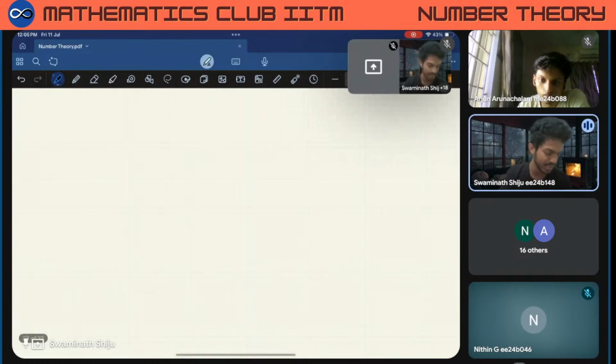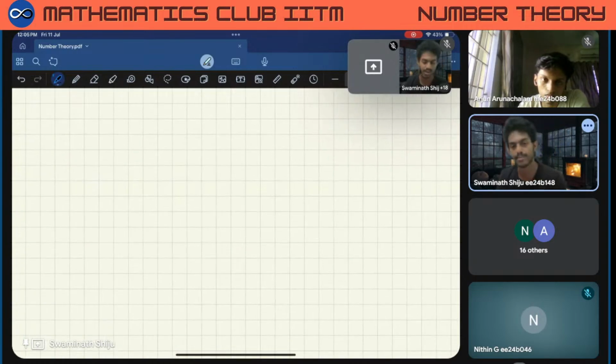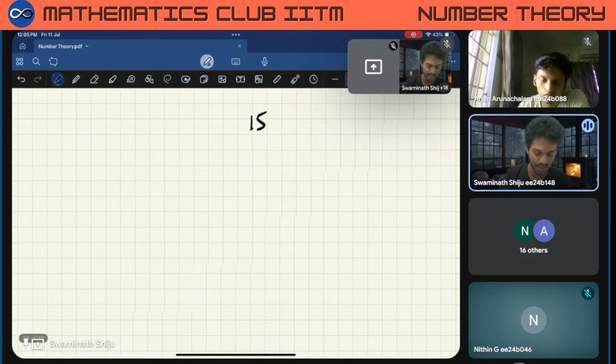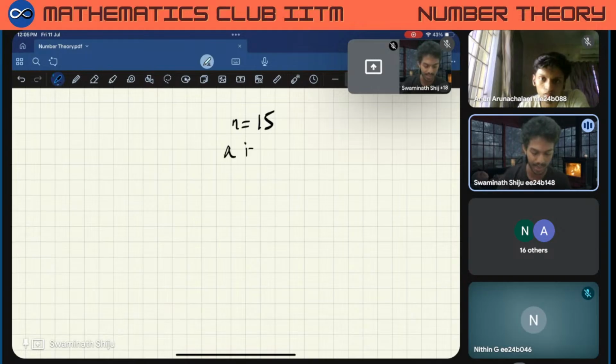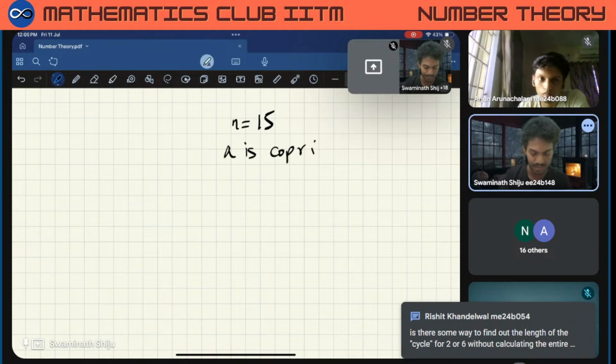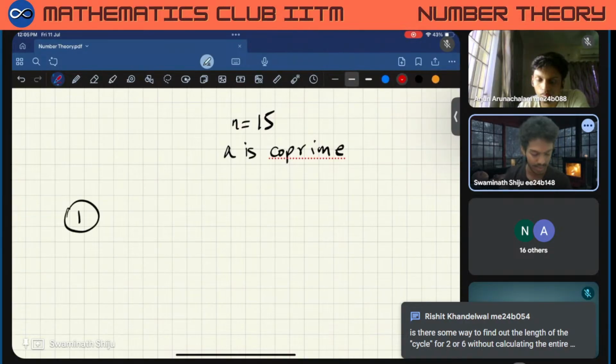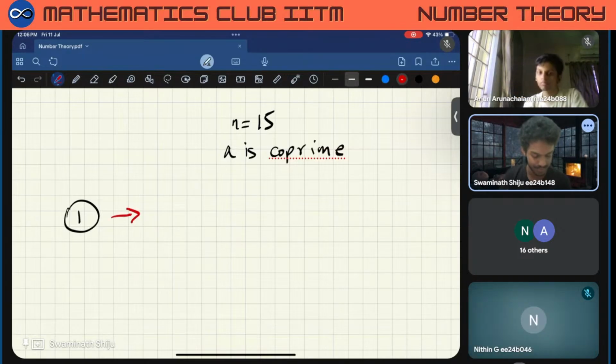Now showing this for non-prime numbers is a bit harder, but there is a good analogy for that also. Consider 15, right? My n is equal to 15. And we are only considering a co-prime. What I want to do is say I took 1 here, I multiplied by 2, multiplied by 2.